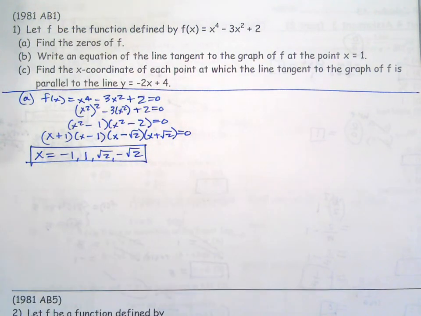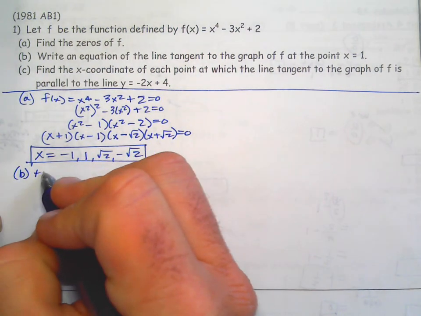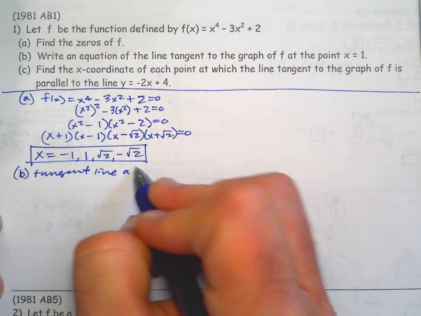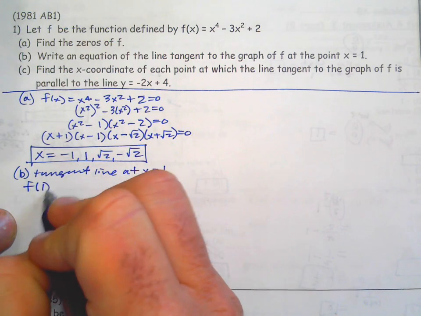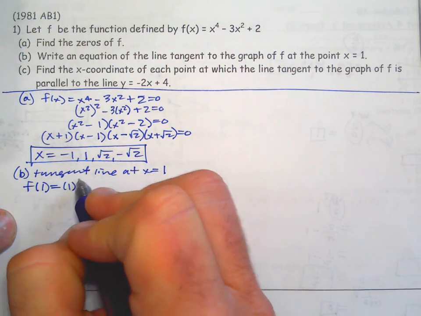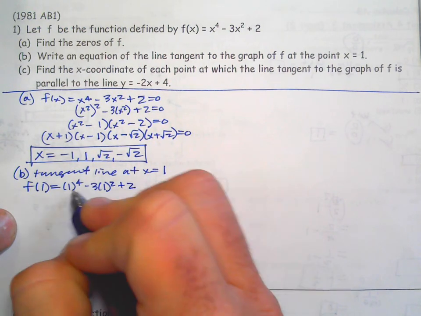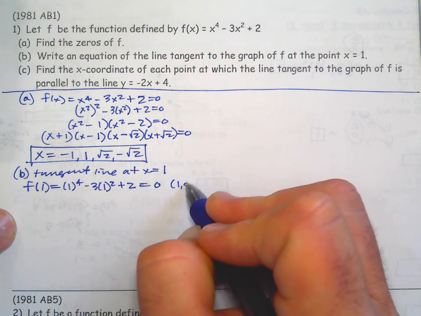Part B says, write the equation of the line tangent to the graph at x equals 1. So we want the tangent line at x equals 1. So you need two things. You need a point. Point's easy to get. You just plug x in. You have the x value. You need the y value. So that'd be 1 minus 3 is negative 2 plus 2 is 0. So 1 comma 0 is your point.